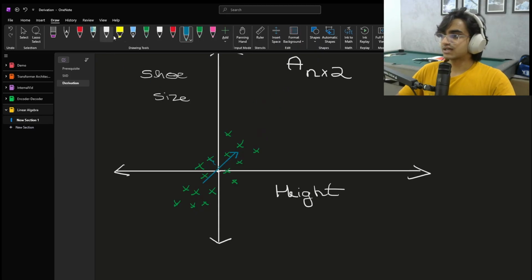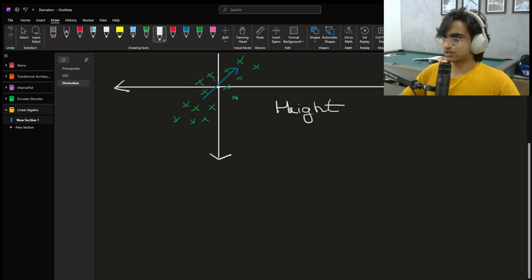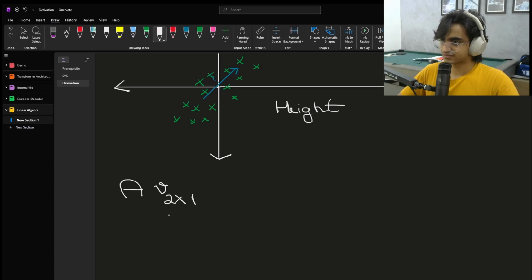By projecting our points, let's call this vector v. This is the vector that we're trying to find, and we need to project our points onto it. To project our data points, we simply do AV. V will be 2 cross 1, and A, as we know, is n cross 2.